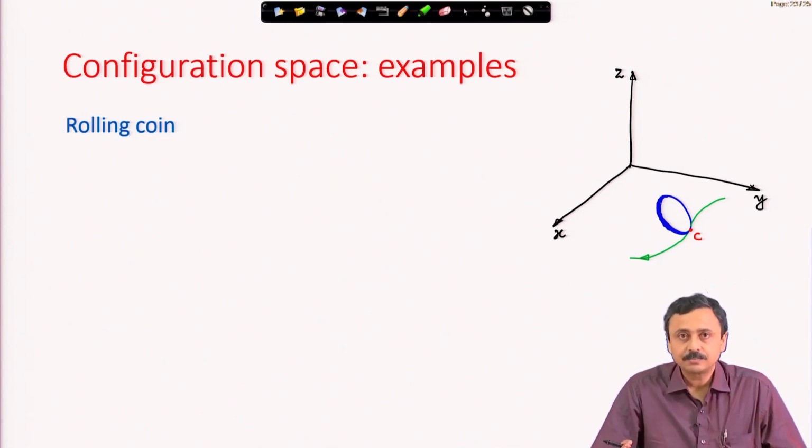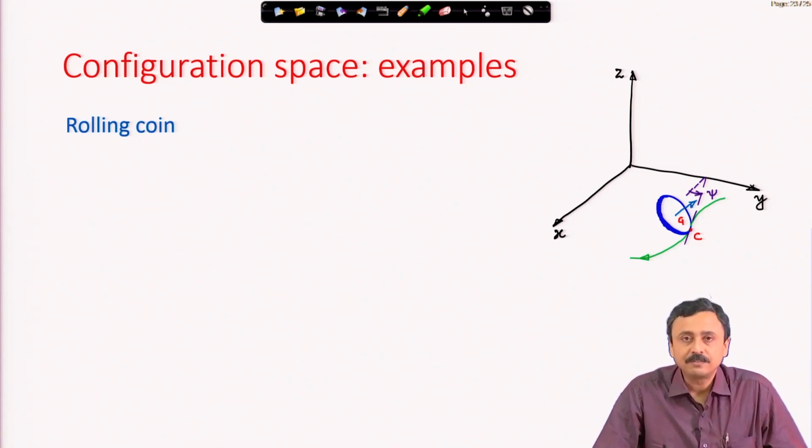At this position, at this instant of time, let us say that the direction of motion of the coin makes an angle psi with the x axis.